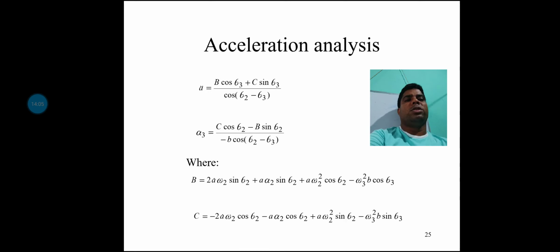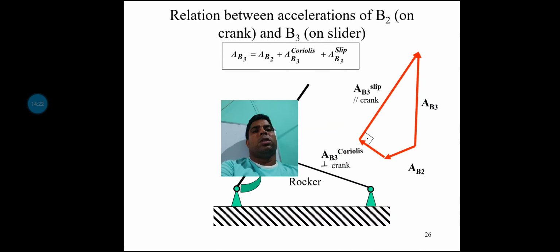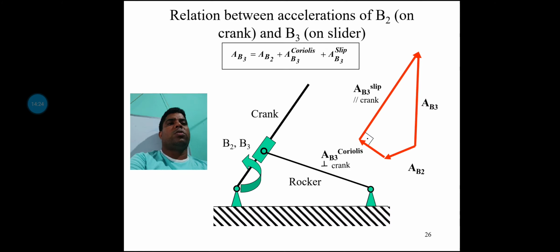And similarly c is equal to minus 2a omega 2 cos sigma 2 minus a alpha 2 cos sigma 2 plus a omega 2 square sin sigma 2 minus omega 3 square b sin sigma 3. That is the relation between the acceleration of v2 and v3, that means crank and slider.